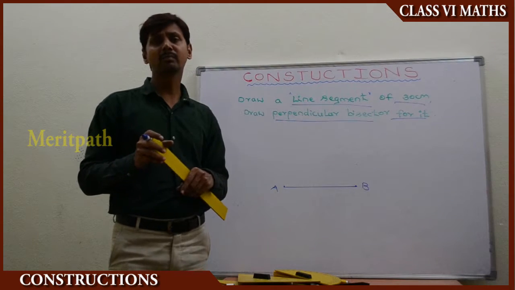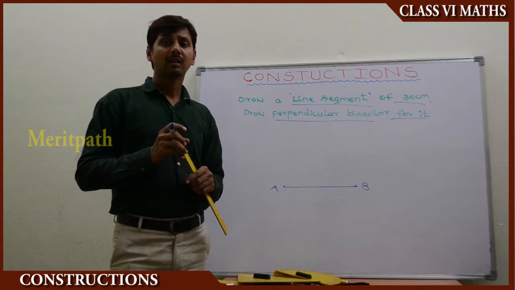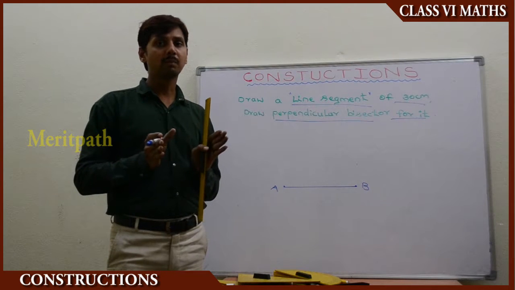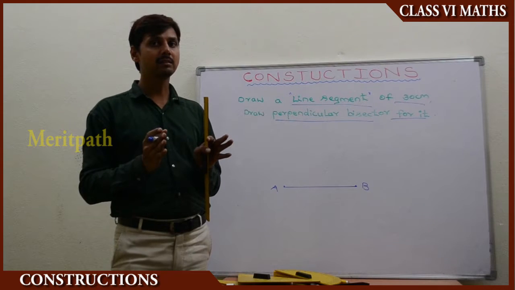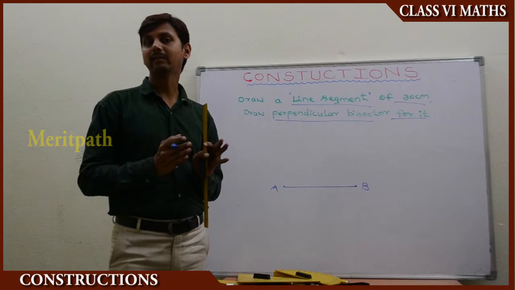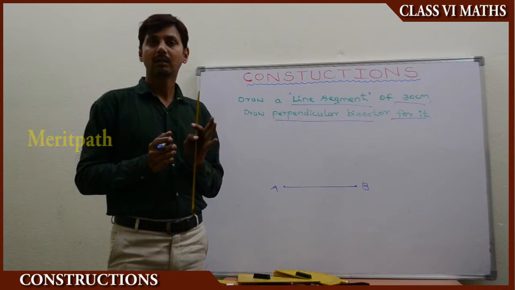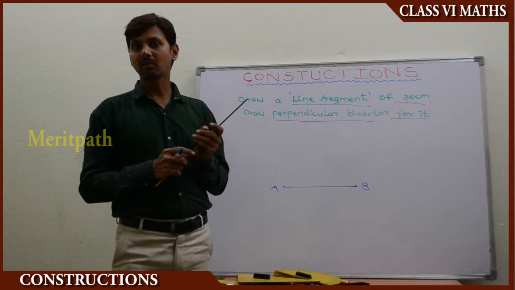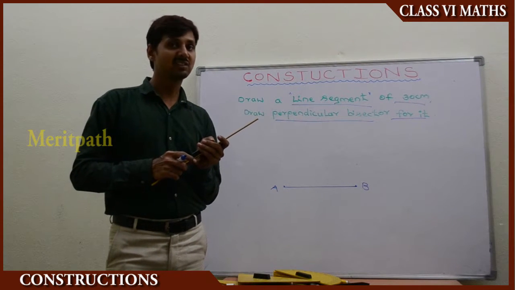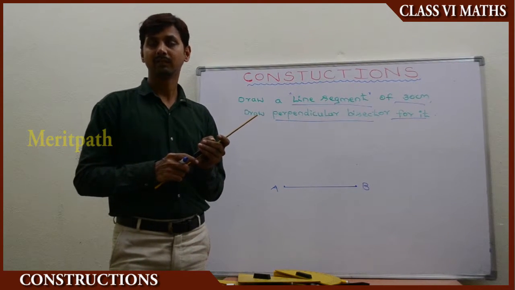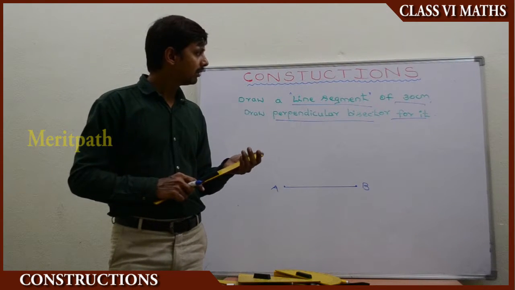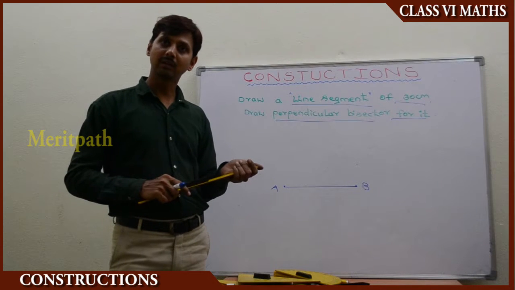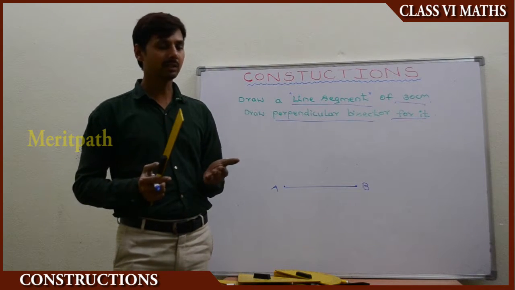So a perpendicular bisector is a line which divides the segment into two equal parts, and it makes 90 degrees with the other line that we have divided. That is called a perpendicular bisector, which makes a 90 degrees angle with the other. So let's draw the bisector and perpendicular bisector.